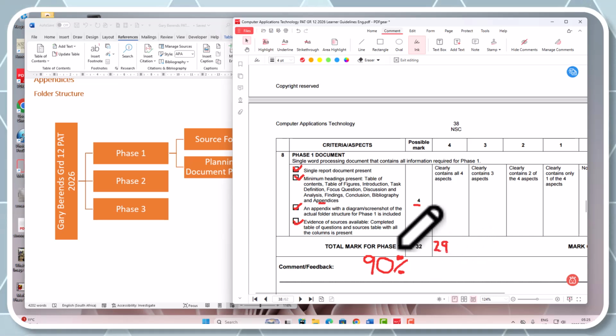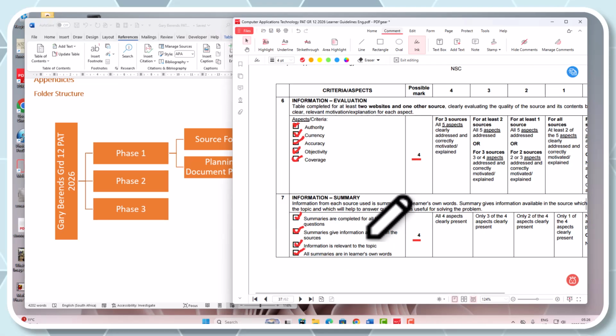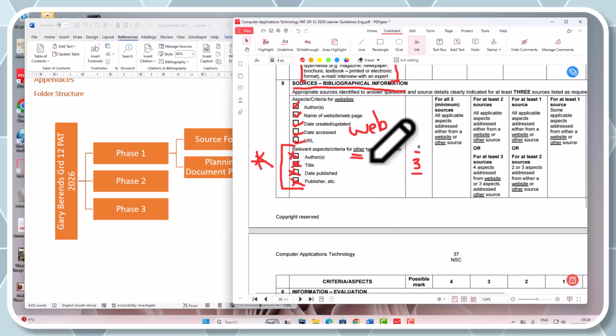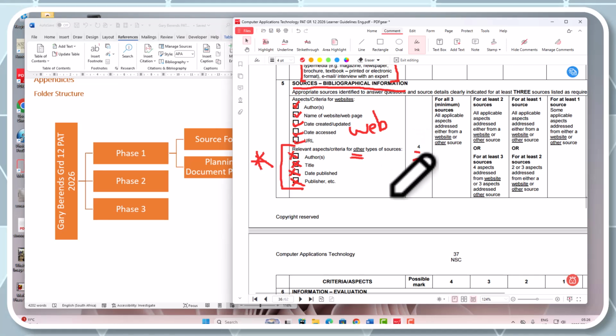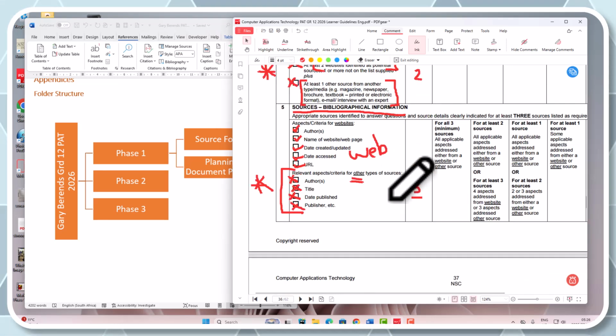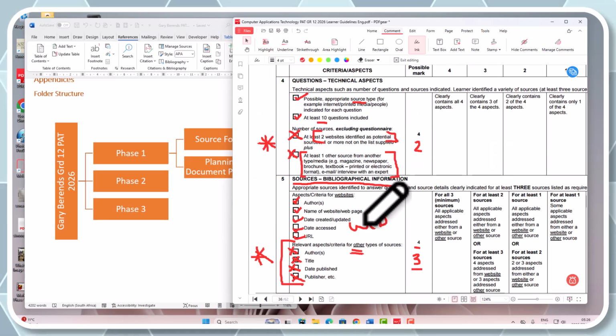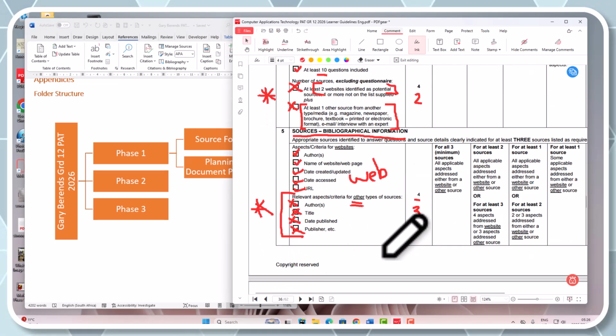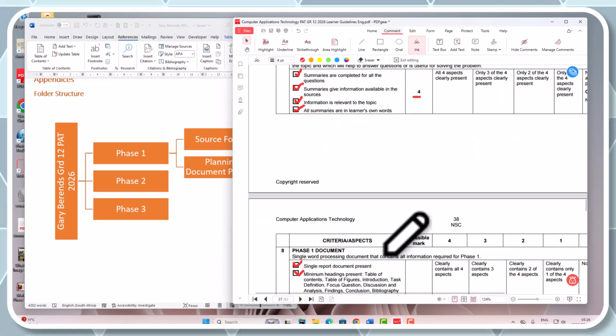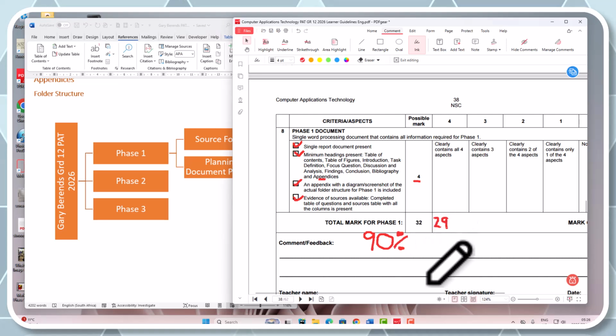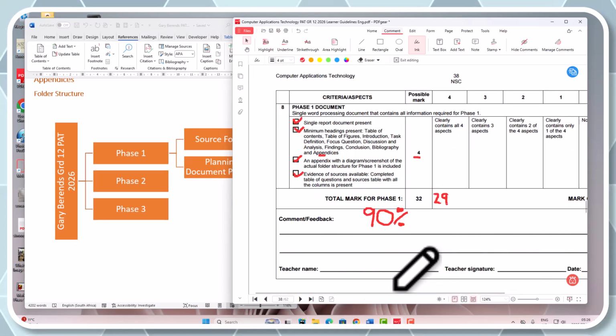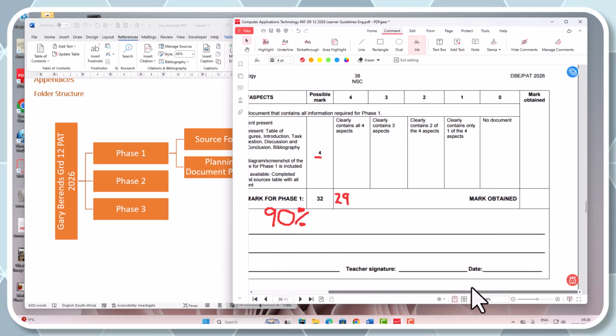Right. So before you submit, go through this rubric, check what's missing, and then fix this. Like there, I could go and find that other source, put in the other source table. Here, I can find the other source and likewise put in the source table. All right, so that is quite important, guys. Go through it. Why not get 100%? Why not try your best to achieve 100% for the PAT?